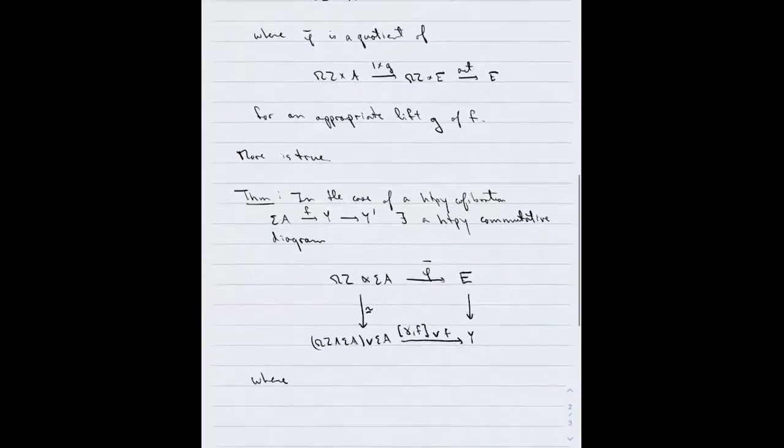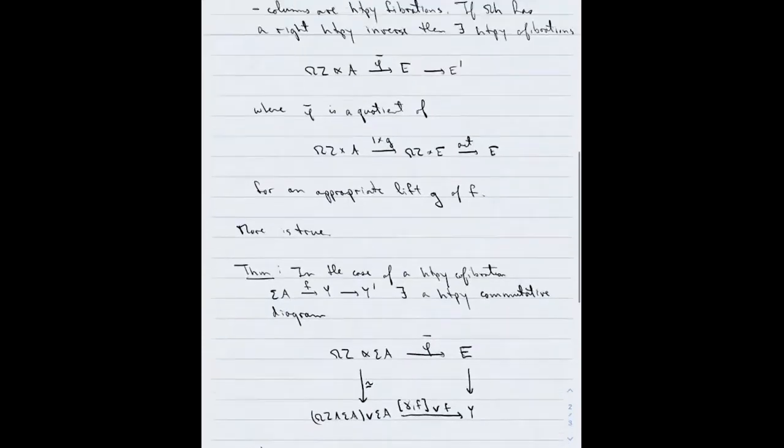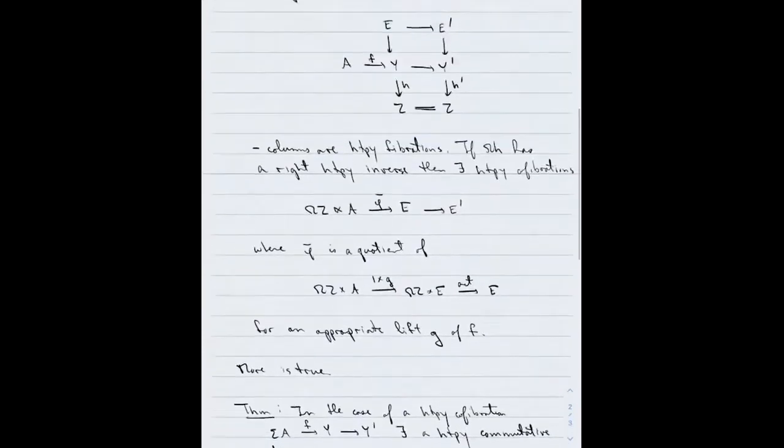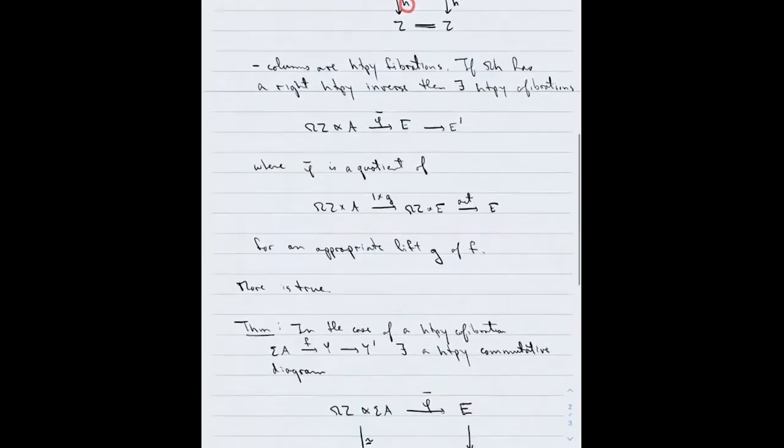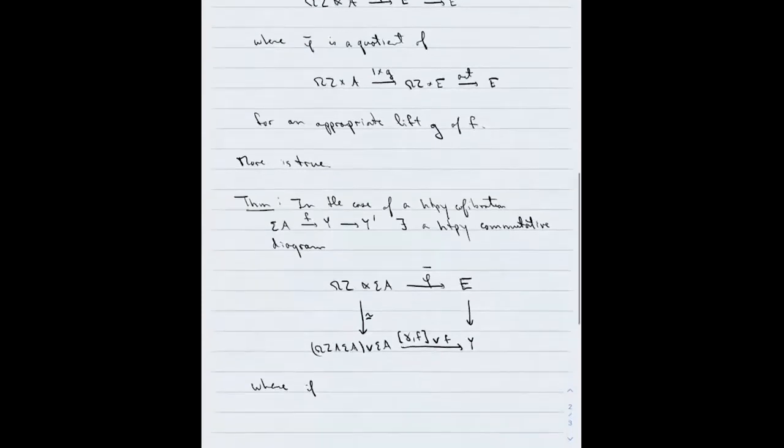And to describe it, this map from Y to Z has a right homotopy inverse after looping. So we can give that inverse a name.